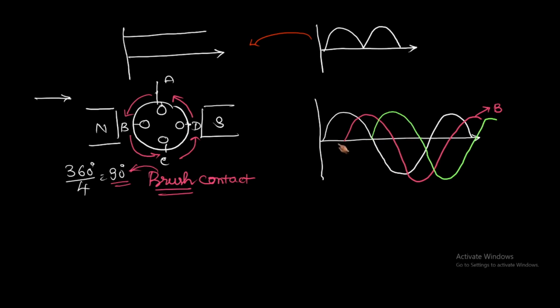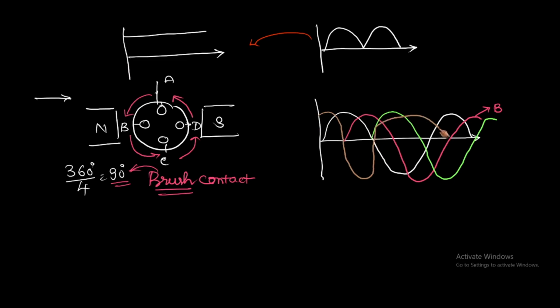Next, the D waveform is going to start after 360 degrees, or you can say before 90 degrees, I am just considering the D waveform. So D waveform will be like this.